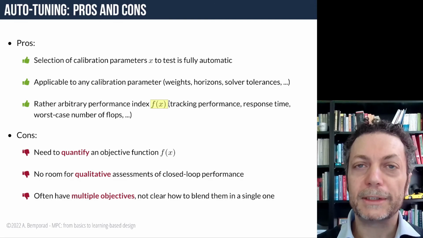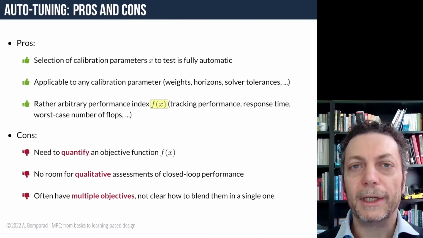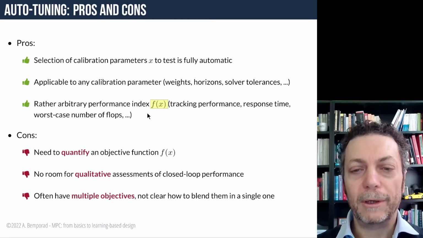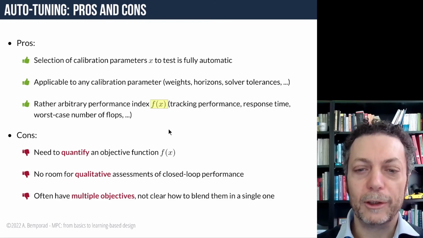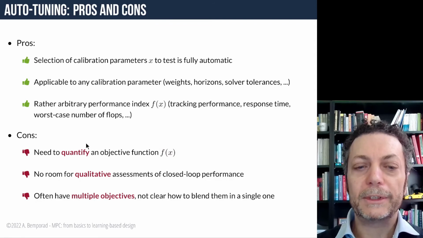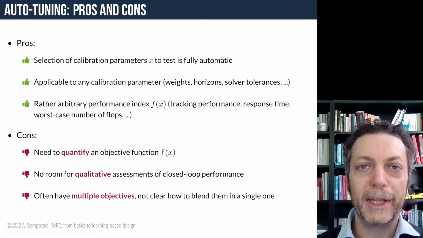And the performance index can be rather arbitrary, since it's a black box optimization problem we are solving, so the function can be arbitrarily complex. Now, this is a pro, but it's also a con because you need to quantify the objective function. So you need to define a value for each given combination of parameters. And this sometimes is not easy to do because you may have multiple objectives in mind, and it's not clear how to blend them a priori.